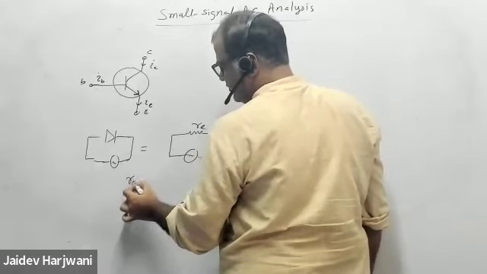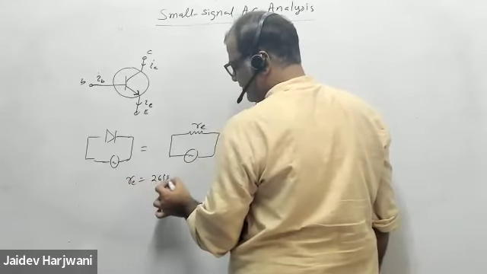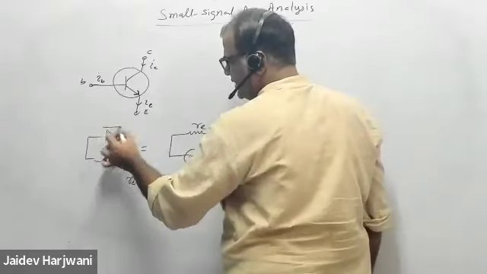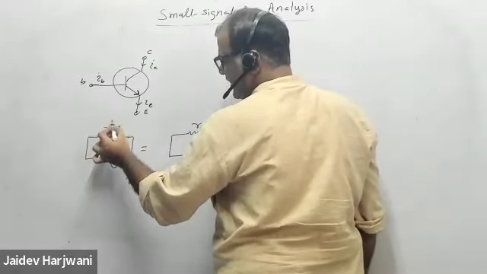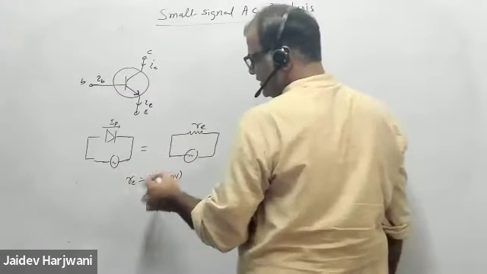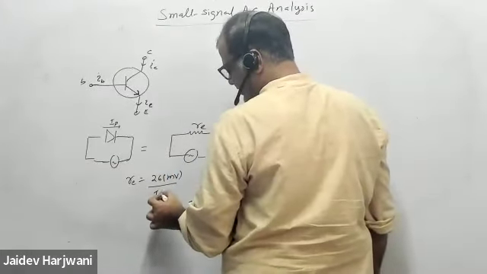The RE value is 26 millivolt at room temperature upon how much current is flowing through the diode. Because of the DC source, if ID current is flowing, then I can write the AC signal is your ID.